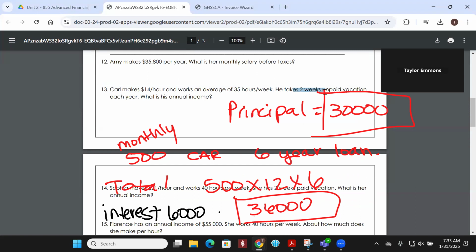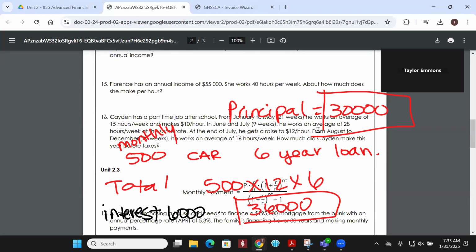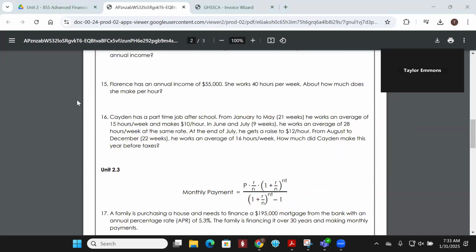So there's 52 weeks in a year. 2 of those weeks we're not getting paid for. So we got 50 weeks. We're going to get one of the questions right now. Are we okay on 16 though? We should be fine.